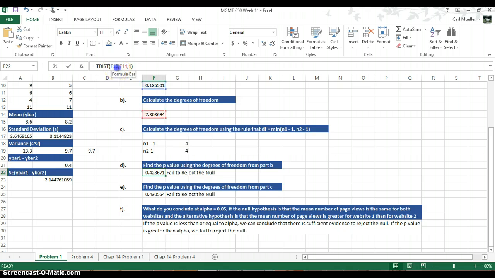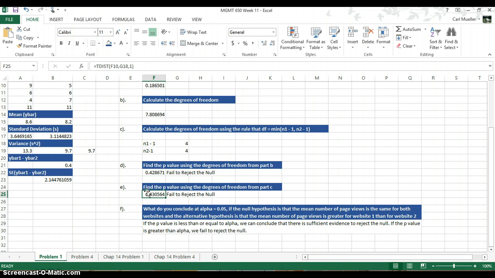When I say x, I mean our t value, which is our t statistic, right here. Then we need our degrees of freedom, which is this value right here. And lastly, at the top, the tails. Remember, in the question, it's a one-tailed exercise. So 0.4286. And we'll get to what happens with this a little bit later.